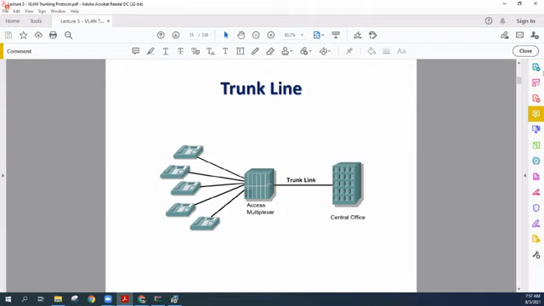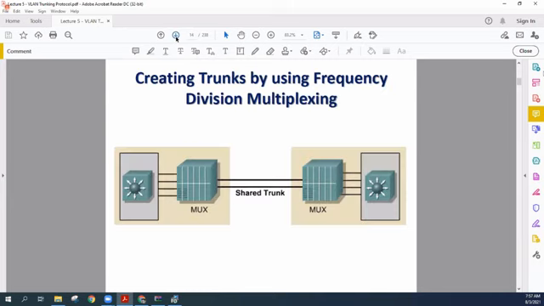The multiplexer allows all 5 to communicate in a shared way, right? I think you got the point.